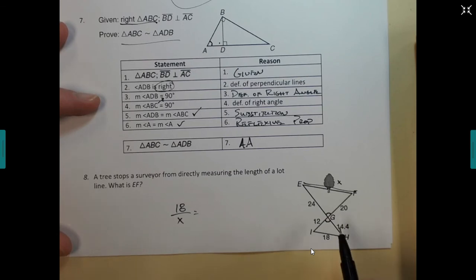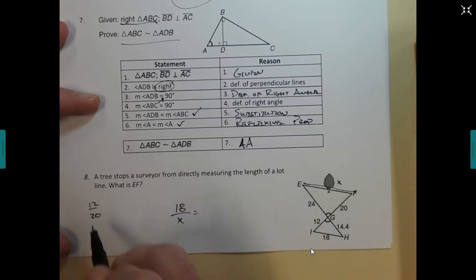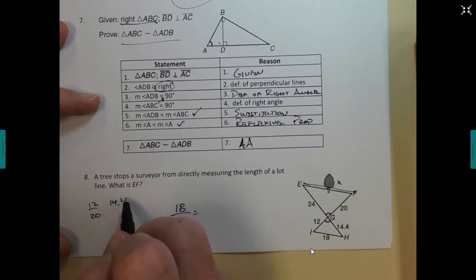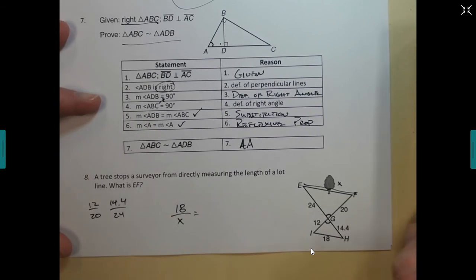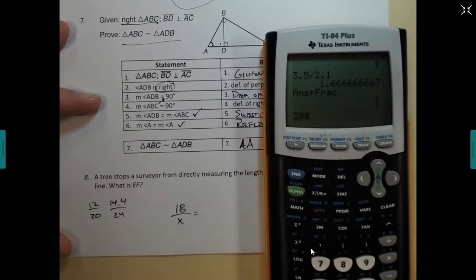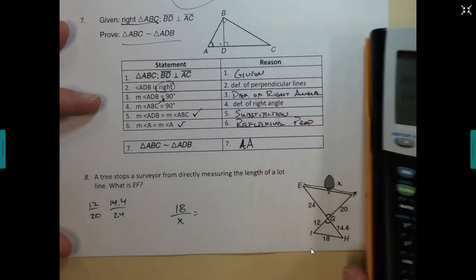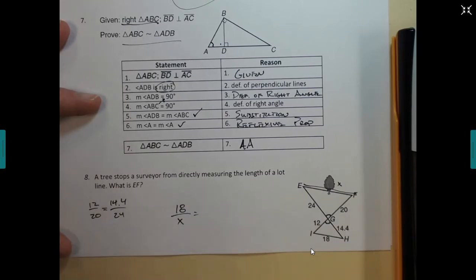We can check similarity. Actually, 12 is smaller than 14.4, so 12 over 20, and 14.4 compared to 24. Let's just make sure. 20 times 14.4 and 12 times 24. They're both 288. So we do have similarity. This is a proportion.